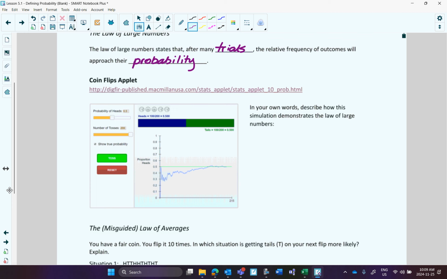So what that actually means too is that probability is unpredictable in the short run, but it's predictable in the long run.